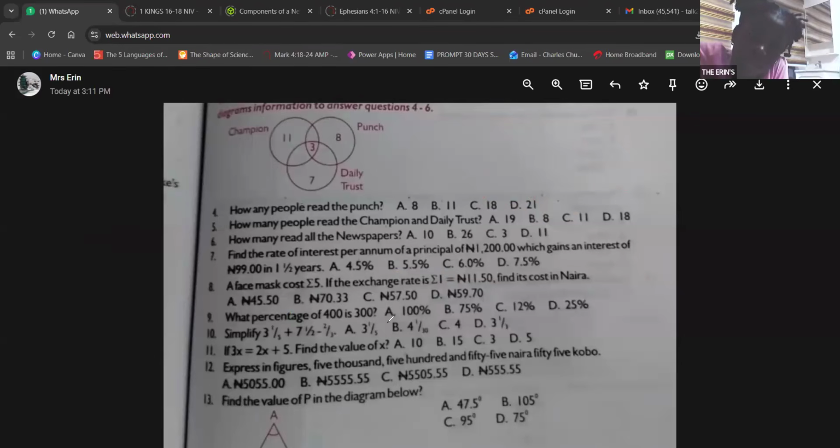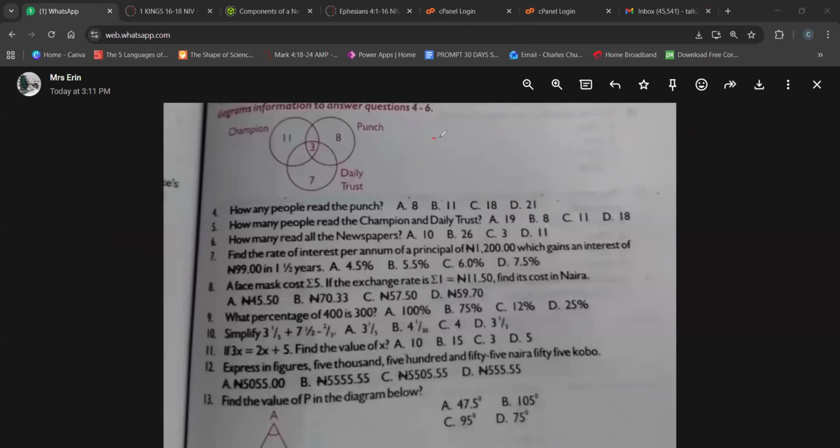So number 9, let me show you what it is saying. It says a particular percentage of 400 is 300. Whenever you see that kind of thing, don't waste time. Just put it in normal form.